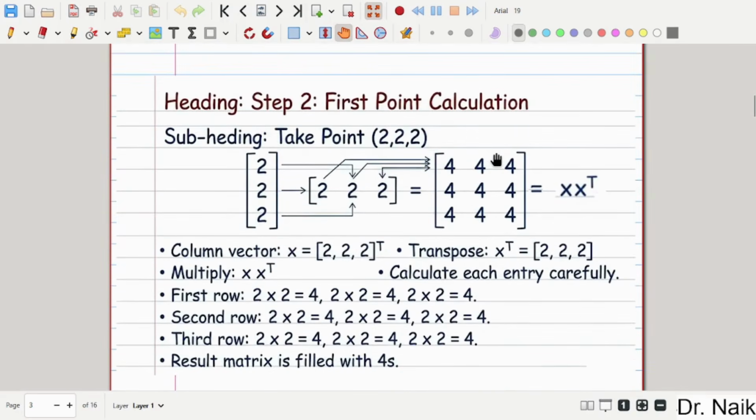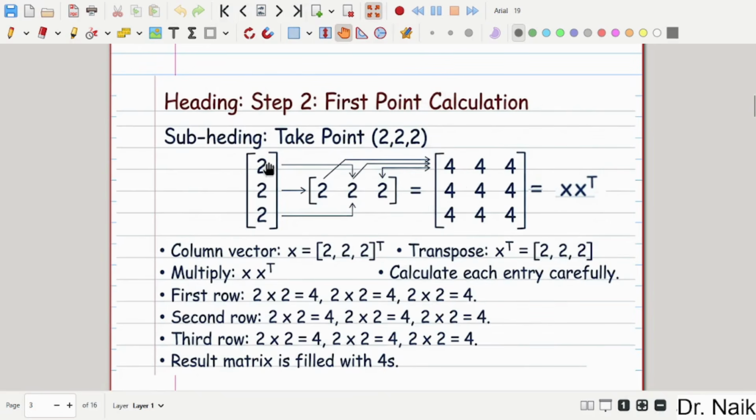Now calculate it for the first point. Take the point 2, 2, 2. So our x is column vector 2, 2, 2, and x transpose becomes row vector with entries plus 2, plus 2, plus 2. Now calculate x into x transpose. So it is a matrix with all entries 4.